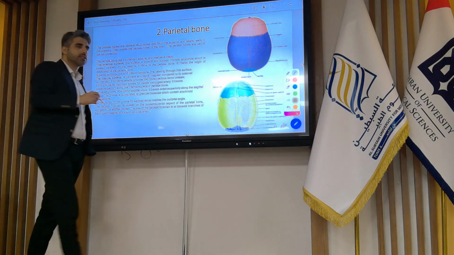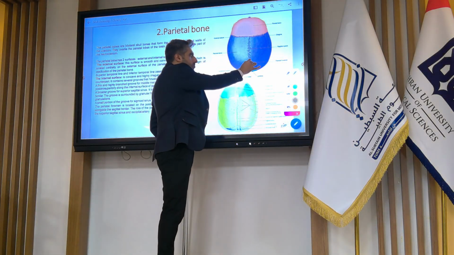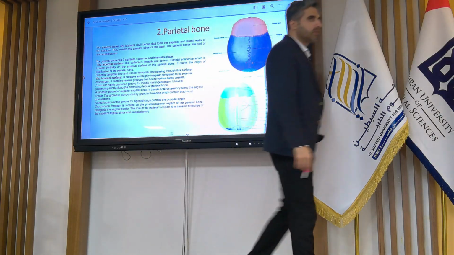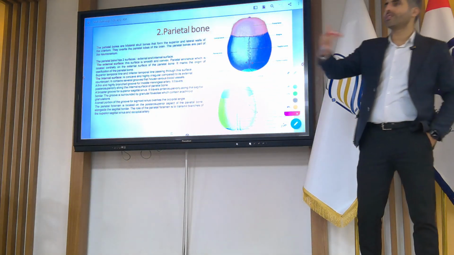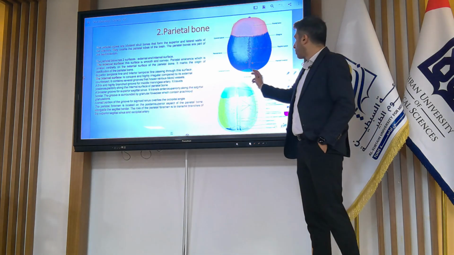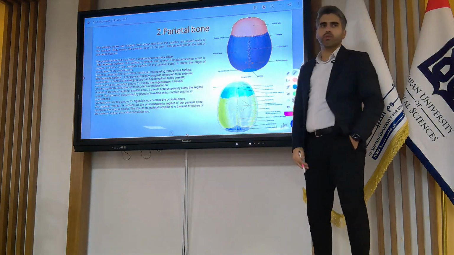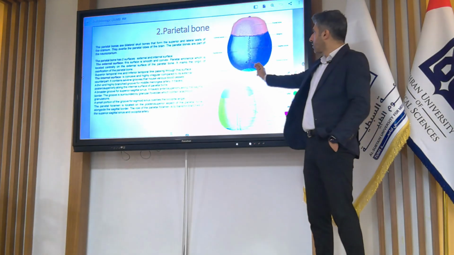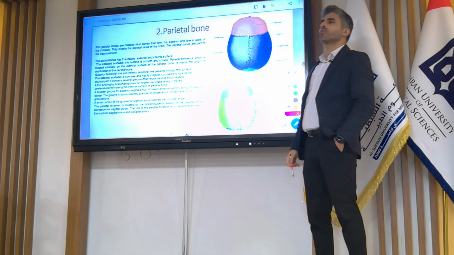One of them is this foramen, the parietal foramen. These foramina are 1 or 2 centimeters anterior to the lambdoid suture. You have a small foramen, one on the right side, one on the left side.